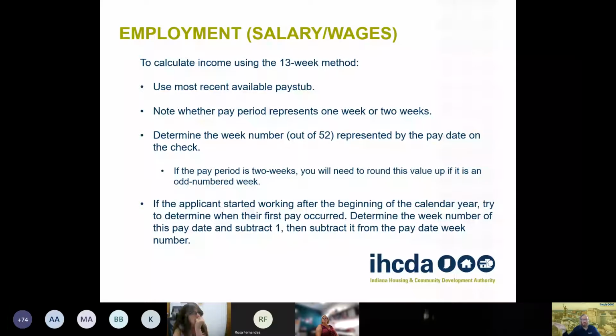And let's go with the example I gave earlier of they apply on week 39. You're going to round up to week 40. If they started working after 4 weeks in, you're going to take that 4, subtract 1 to get 3, then subtract that 3 from the 40 to get 37.